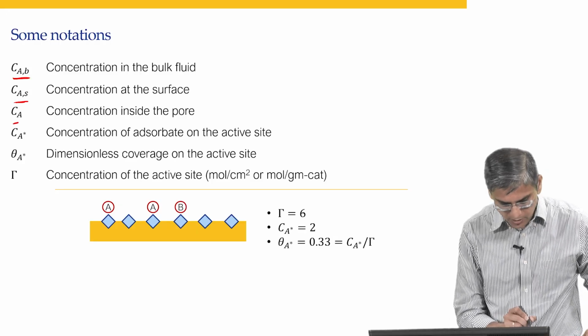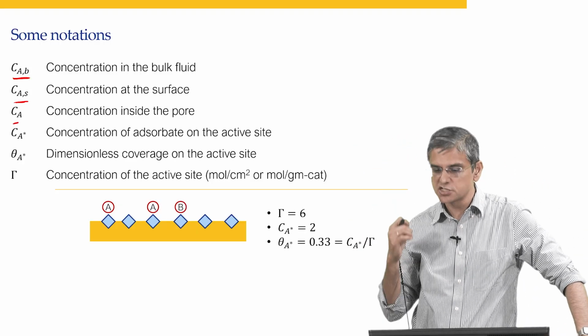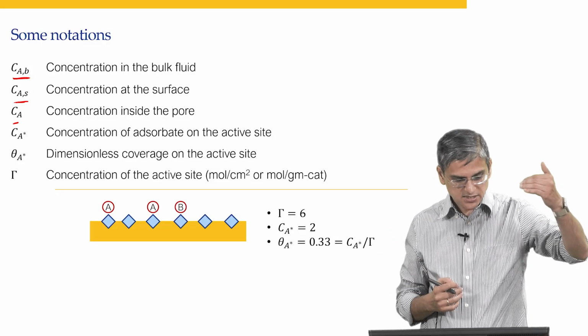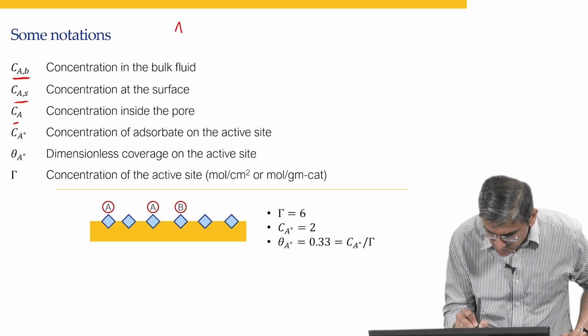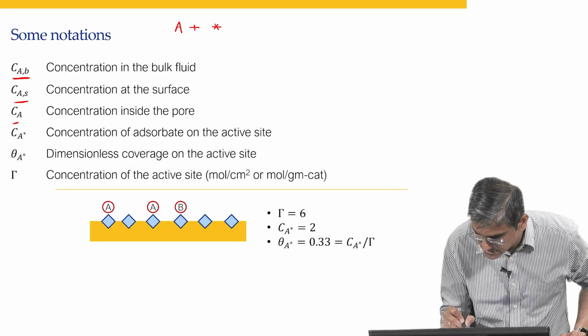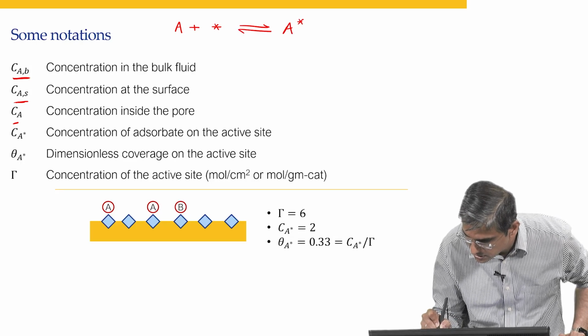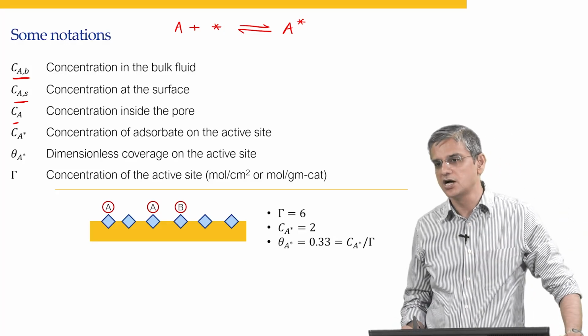Now, the species A has reached the catalyst. Once it has reached the catalyst, it will adsorb. The adsorption reaction we will represent as A plus star giving A star. Usually, for most cases, we will say the adsorption is reversible.